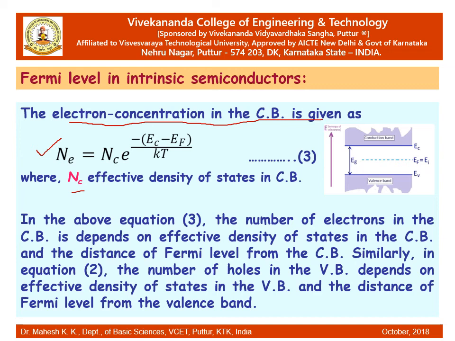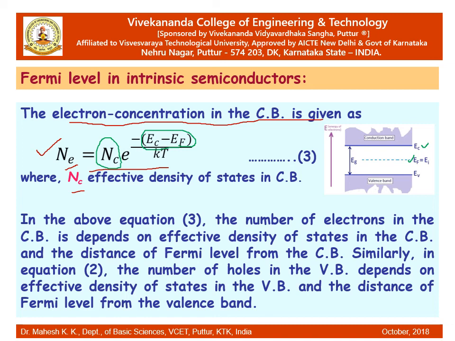Now observe this equation 3, wherein the number of electrons in the conduction band depends on the effective density of states, that is Nc, and the distance of the Fermi level from the conduction band. So this is the distance between Ec and Ef, which you could view here. That is nothing but the distance of the Fermi level from the conduction band.